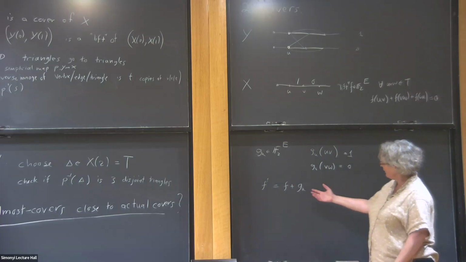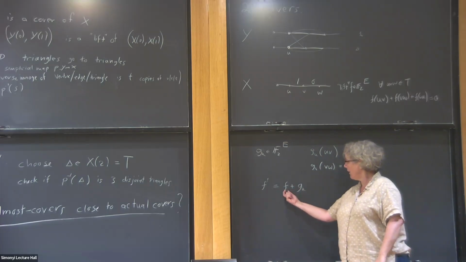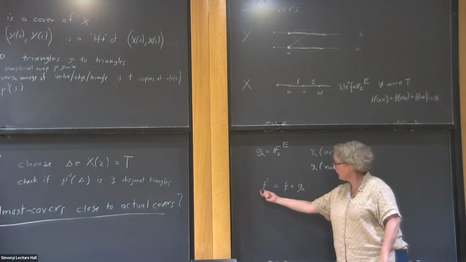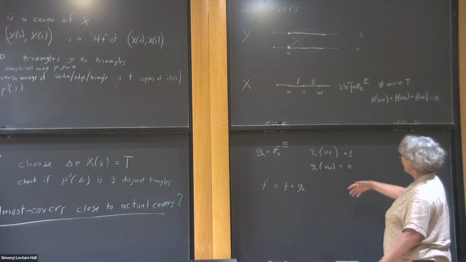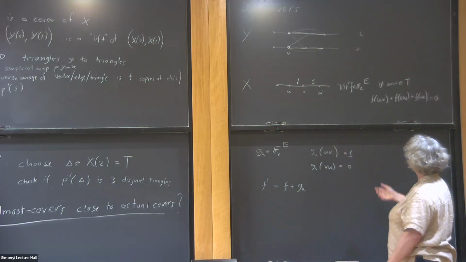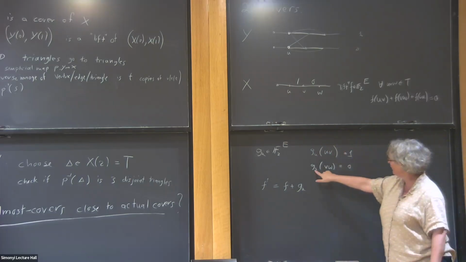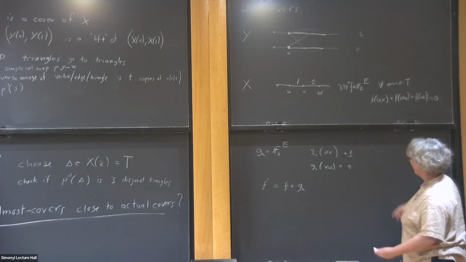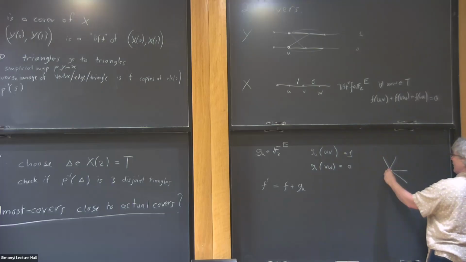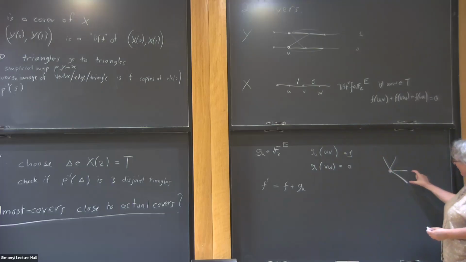And notice that when we did that, we can ask, well, if F was a good cover, satisfied all the triangle constraints, what happens with F prime? And you see by the fact that G sub U just represents flipping the order, that indeed G sub U itself is a function that satisfies these conditions, right? Because if you have a star, then on every triangle, either the triangle involves this vertex and then you have 2 of the edges being 1, or the triangle doesn't involve this vertex and then everything is 0.